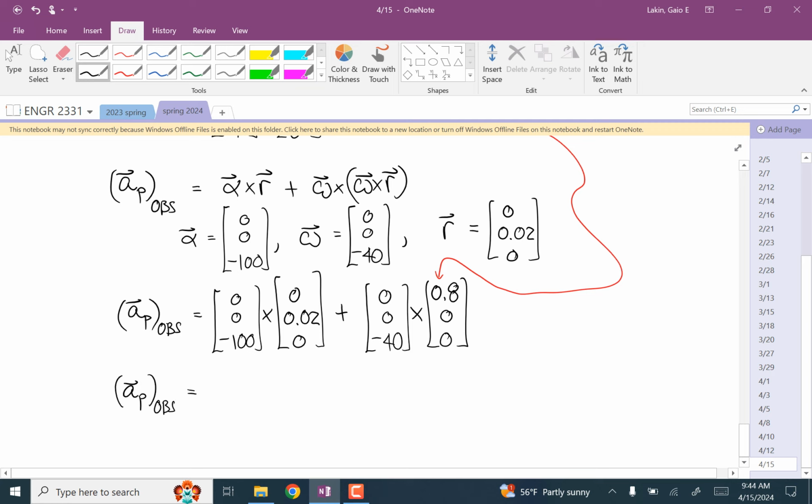And we get 2, 0, 0 plus 0, negative 32, 0. So 2, negative 32, 0.